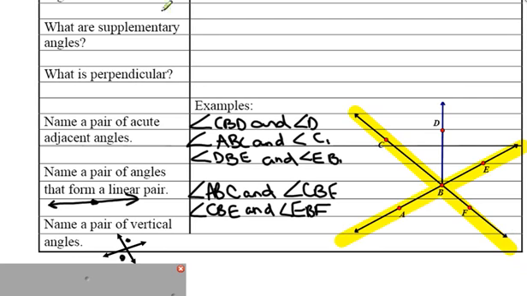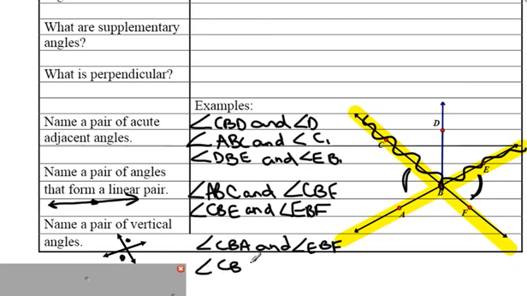So the pair would be angle CBA and EBF. So that's here and here. And then actually there is one more pair, and that would be CBE and ABF.